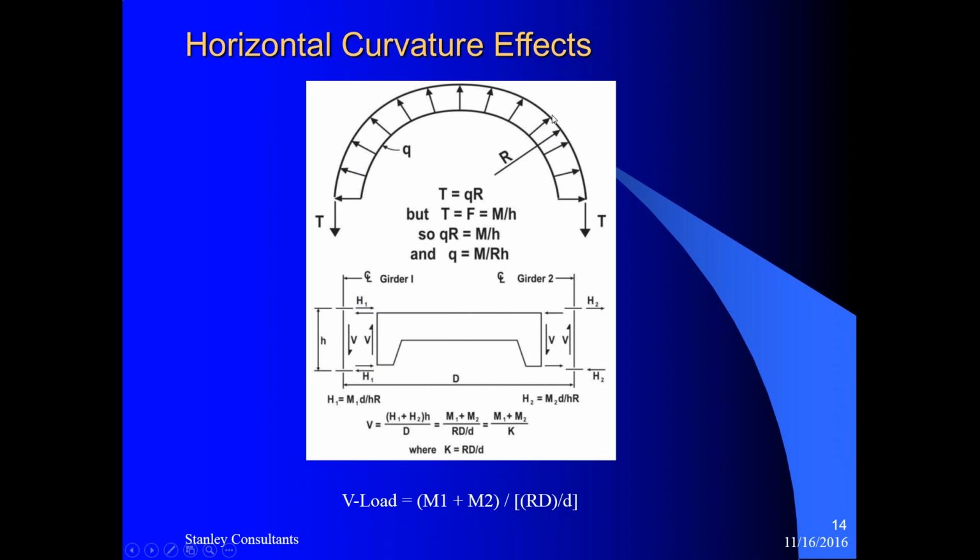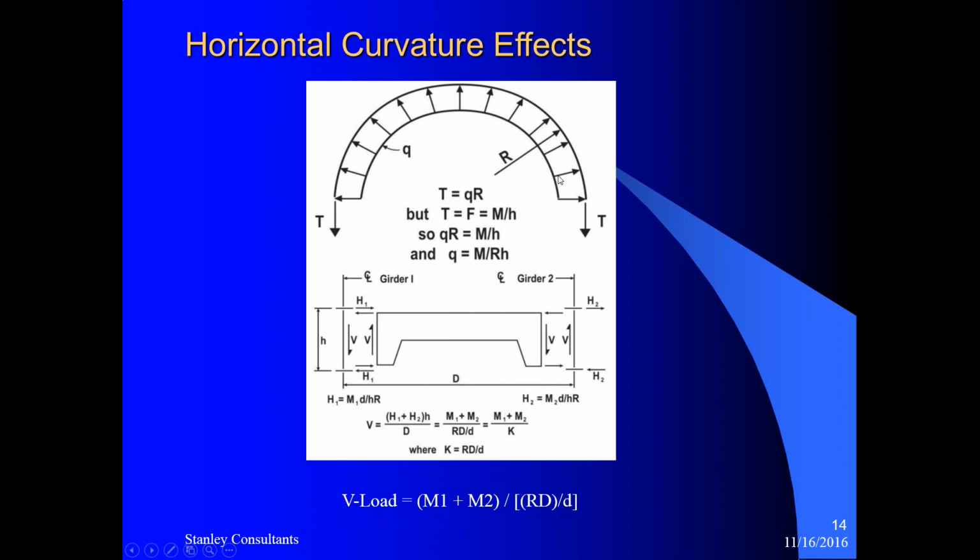From equilibrium we can say that T will be equal to Q times R. So if we know T, we can calculate the R. This is the radial reaction that would be needed to equilibrate this system.